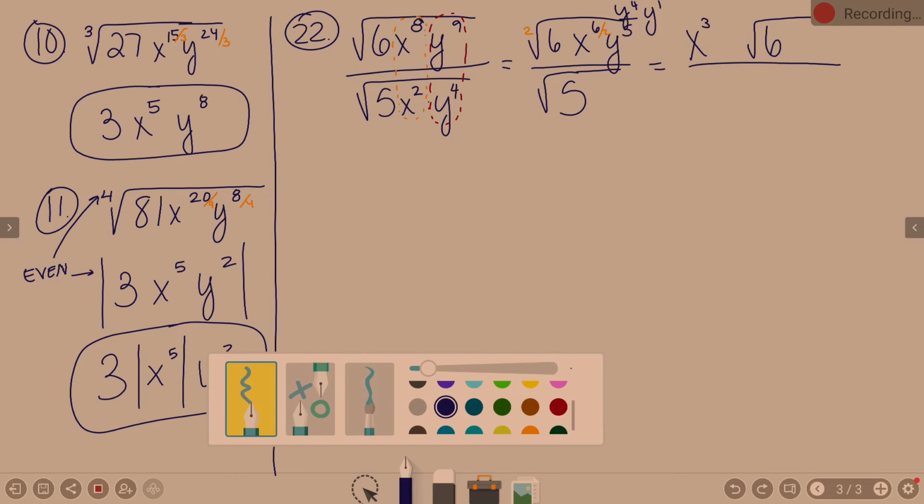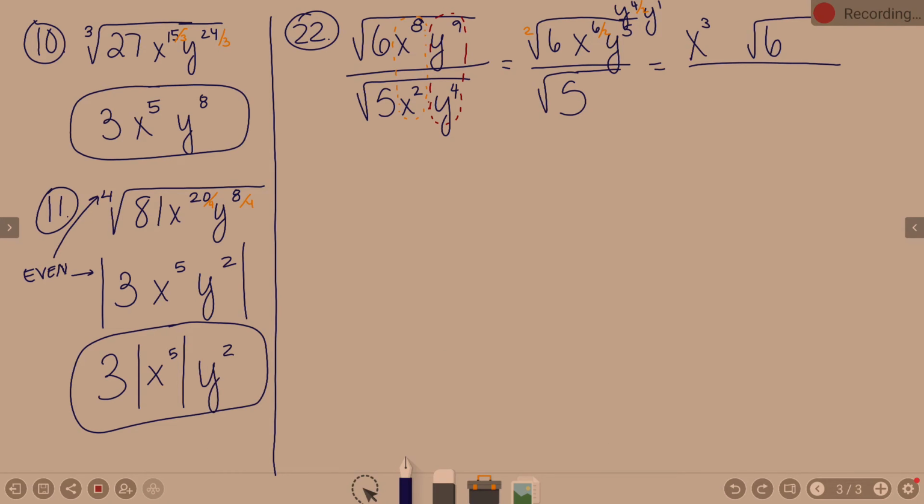Yes, because 4 divided by 2 is 2. So where does that go now? I'm going to put that y to the 2nd out front. What about y to the 1st? The square root of y to the 1st, I can't do it, so y stays under the radical.